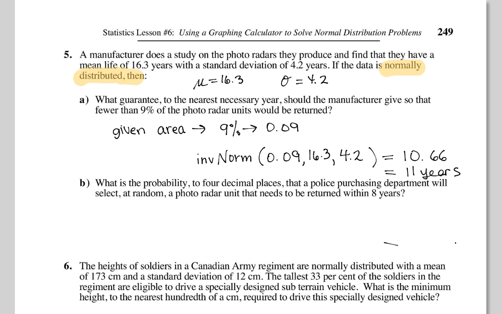So now you can go both ways. You're given the z-score or the data values, you find the area. That's what we started class with, normal CDF. Or you're given the area and you work backwards using the inv norm, inverse normal. So you guys can maybe try 5b and number 6 before you leave.